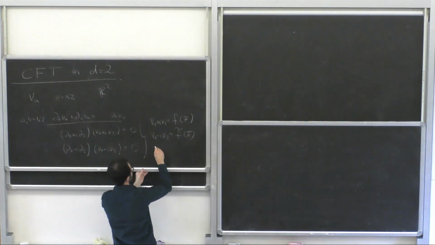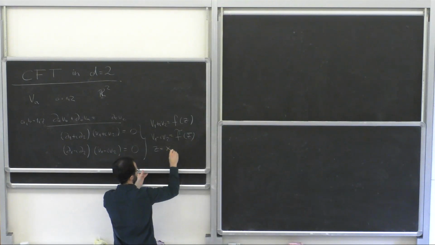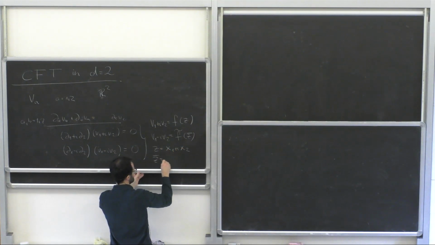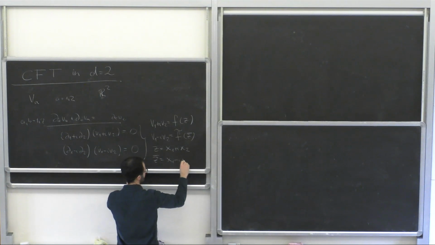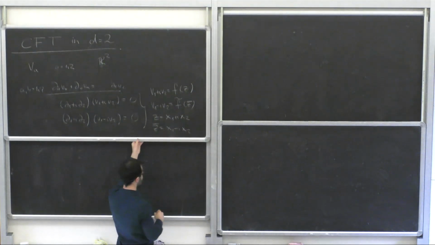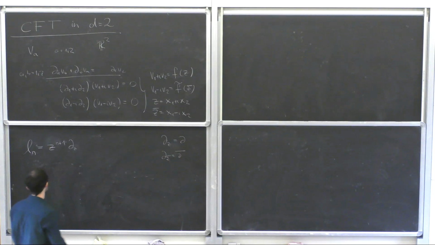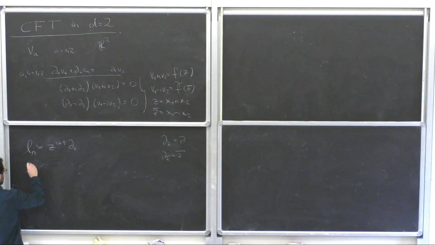I should say z is of course x_1 plus i x_2. So z̄ is x_1 minus i x_2. Okay, so let's introduce the notation that l_n is this vector field, and l_n tilde is a different vector field, which is the complex conjugate of it.